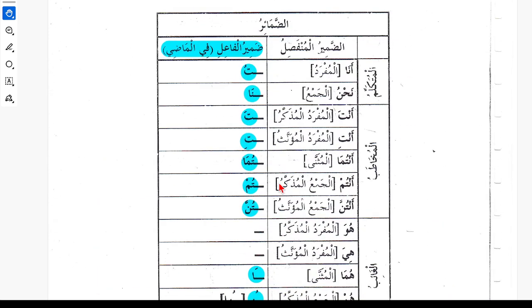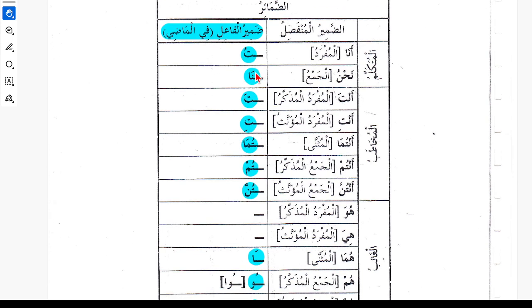Just like when I said dakhaltu, you just notice that the lam does not have any harakah there, which is sukoon. If you write dakhaltu, you will show the lam with the sukoon. Similarly dakhalna, similarly dakhalta.